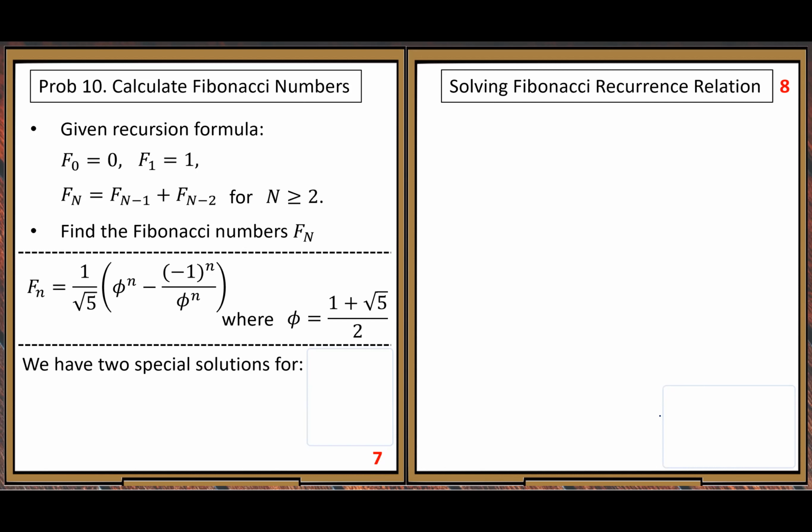That means those two solutions won't be our final solution, because t1 and t2 are non-integers. When you raise them to the kth power, they are still non-integers. That cannot be our Fibonacci numbers.